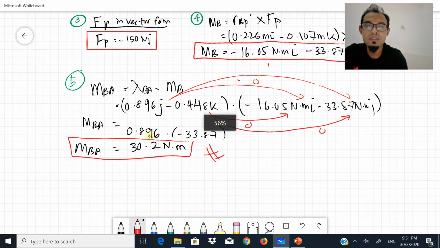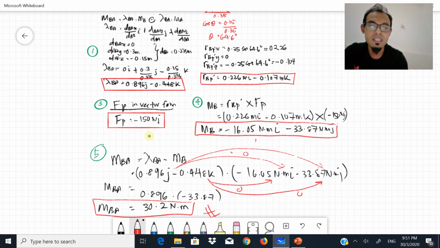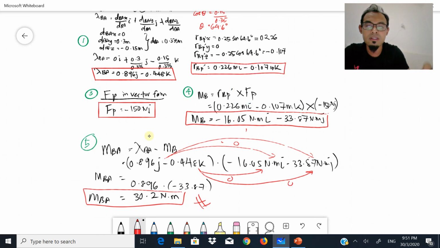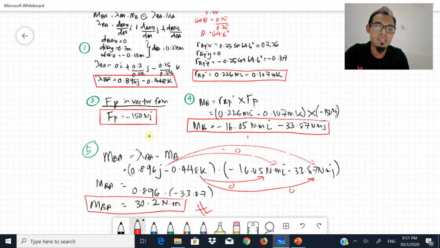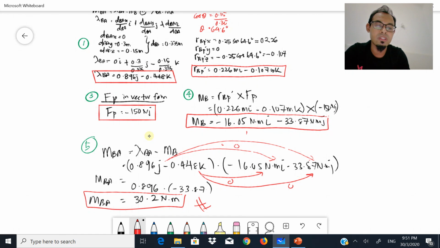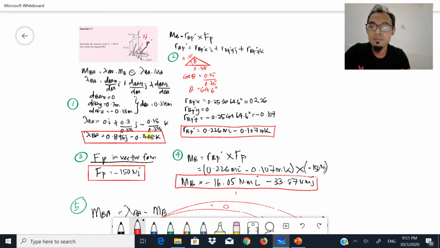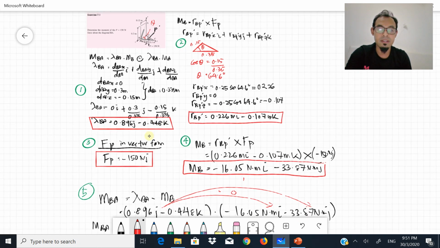Hopefully you can understand these steps on how to find the moment about an axis. The answer is 30.2 Newton meter. I just showed you one example, then the rest you can study on your own. If you have any question, you can leave it in the e-learning, and we can discuss together if you are still not clear about this topic.